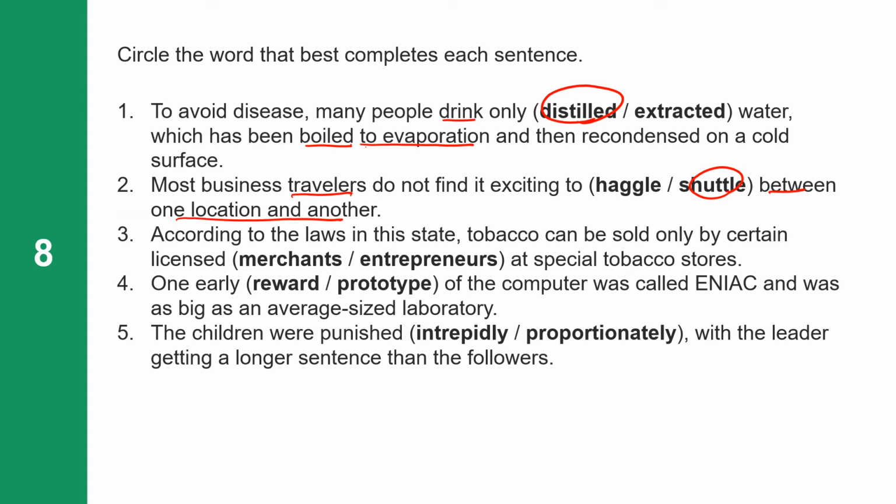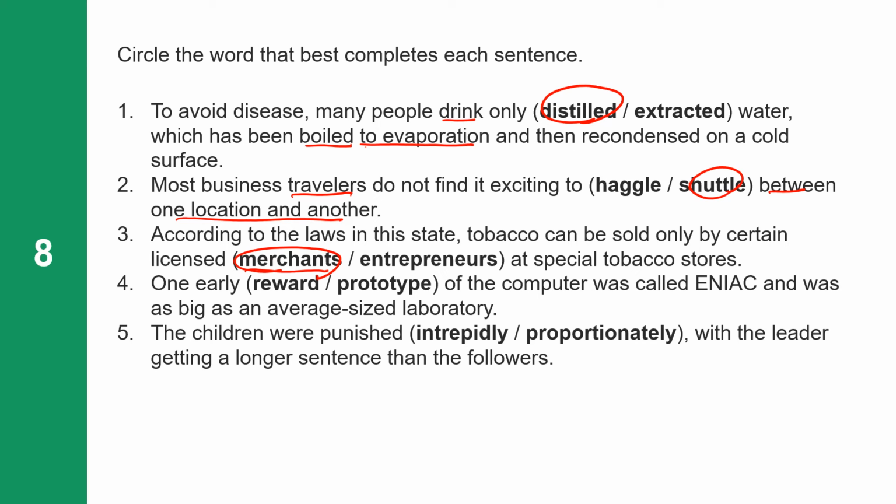Number three, according to the laws in this state, tobacco can be sold only by certain licensed merchants or entrepreneurs at special tobacco stores. So the answer is going to be merchants. So according to the laws in this state, tobacco can be sold only by certain licensed merchants at special tobacco stores.